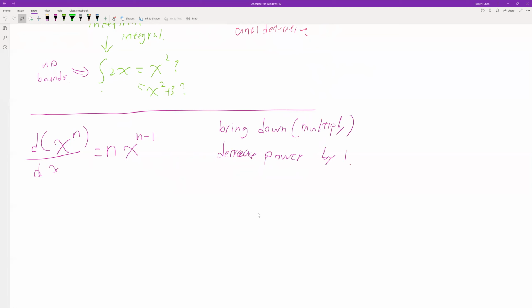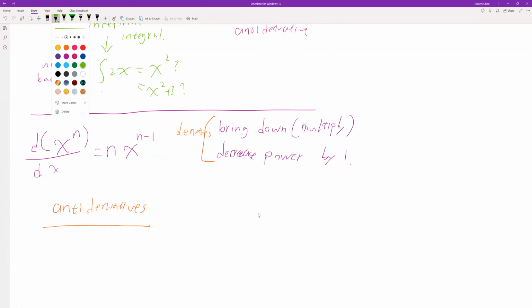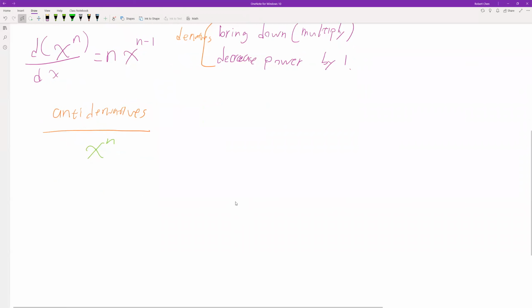Okay, so the antiderivative is going to be the opposite of this. This is for derivatives. And for antiderivatives, if we have x to the power of n, to find the antiderivative, we're going to do the opposite of what we're doing up here.